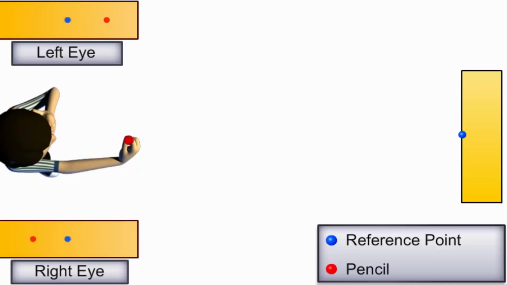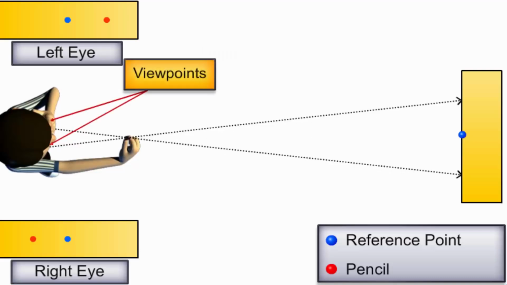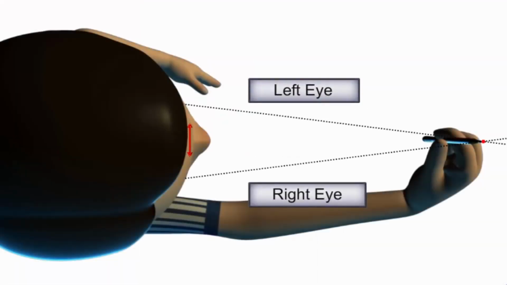This is called parallax. You may call the two eyes two different viewpoints, since, when used separately, they create different lines of sight. Distance between these two viewpoints or points of observation is called basis.